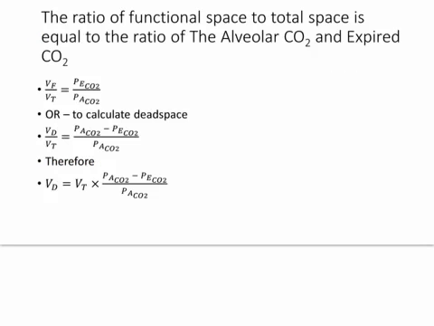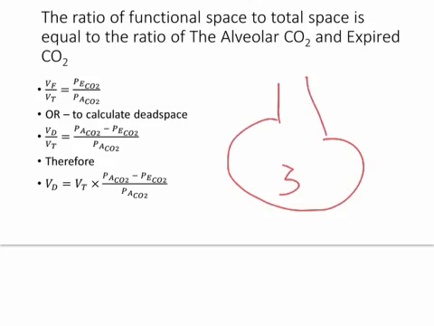Now before I go into these equations, let me just draw out for you what it's saying. Here is my alveoli, and I'm going to say that it has a volume of 3. I don't know what the units are, it's just a volume of 3. And then here's the conducting airspace, and then there's the rest of the world that comes out off of that conducting airspace. I'm going to say that the conducting airspace has a volume of 1. The conducting airspace, this is my dead space.